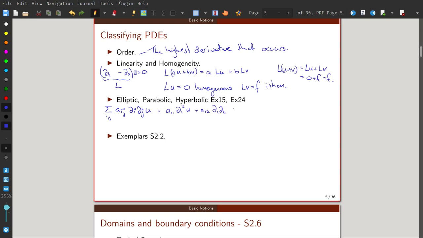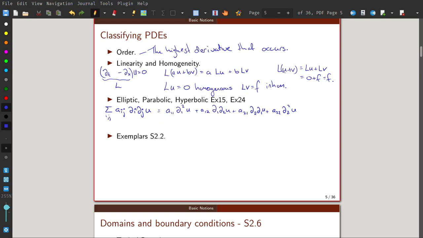like so, plus a21, plus a22, like so. So we see that every possible combination of second derivatives is represented in a sum of this form.